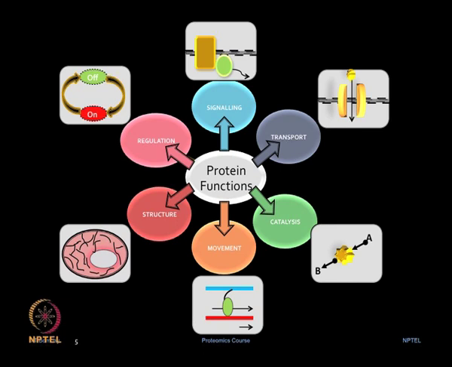Transport and storage: proteins can transport small molecules such as oxygen and iron. Proteins are involved in movement, such as muscle contraction. In microorganisms like bacteria, there is chemotaxis. They are also responsible for mechanical strength, for example in skin and bones, where collagen and keratin are examples of mechanical strength.